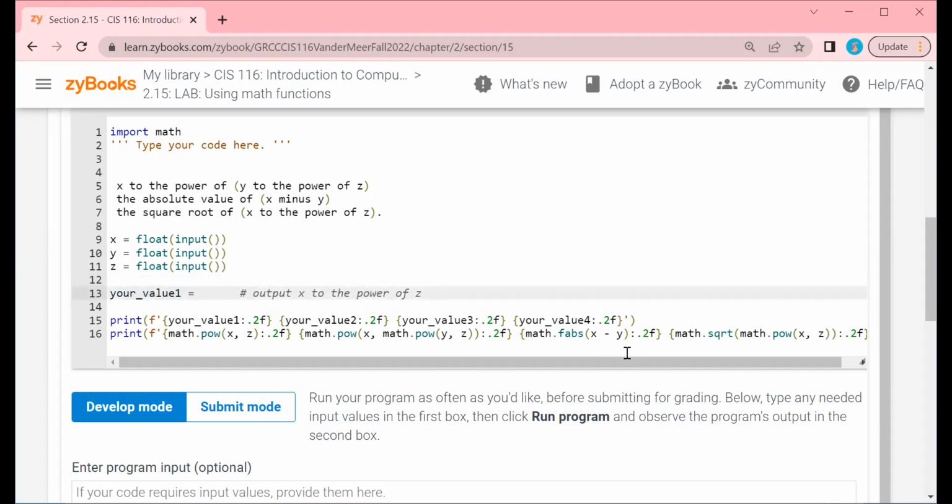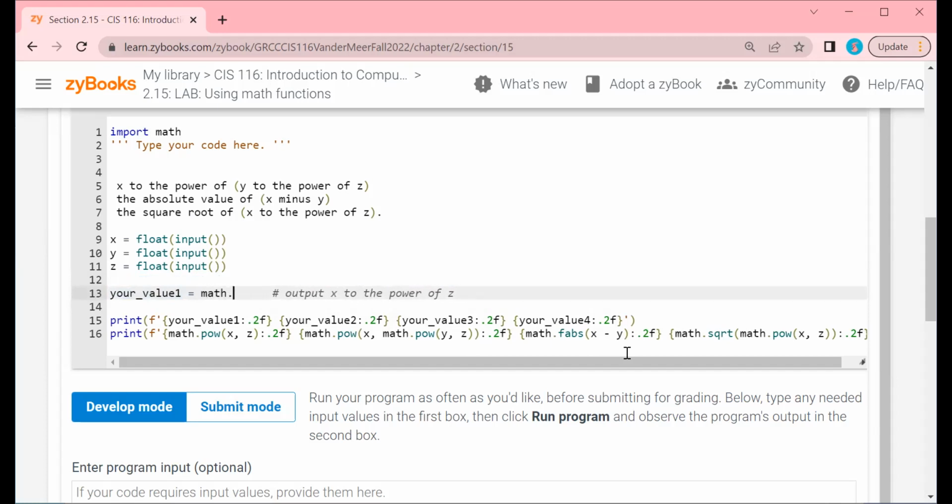So we say we want to raise something to the power, and there's a whole table in the chapter that says this is how you do absolute value, this is how you do square root, this is how you do math.pow, this is all of those math calculations.